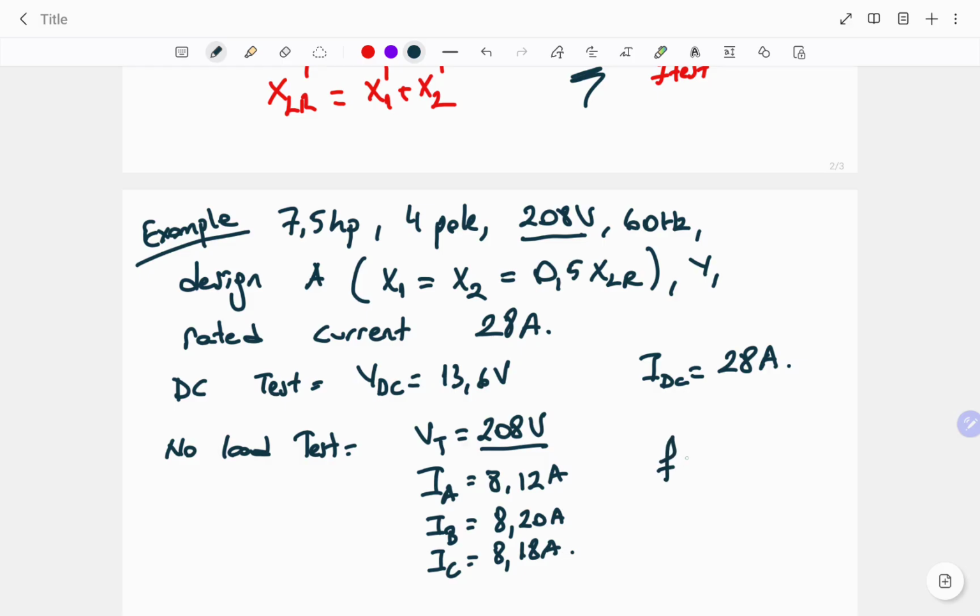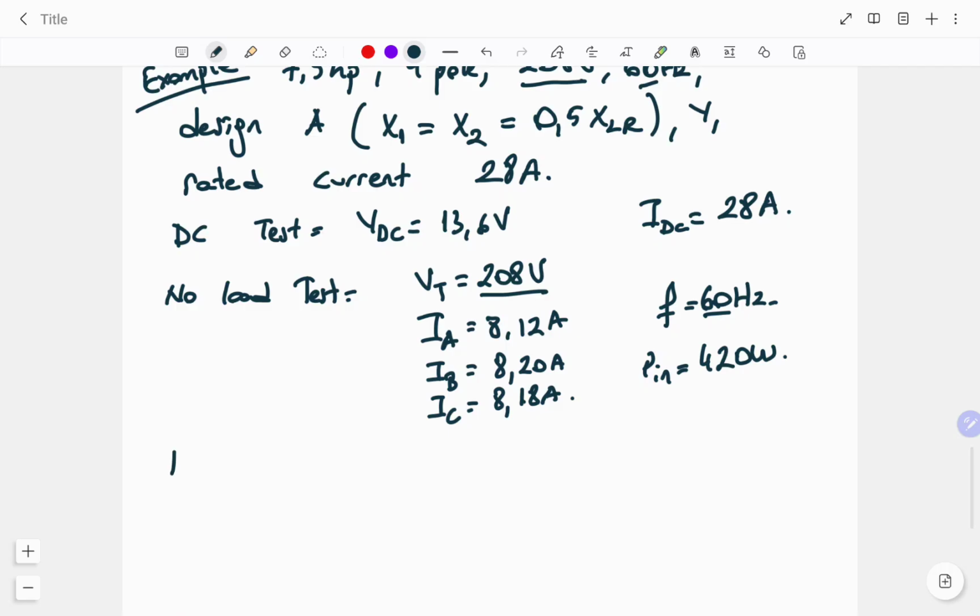The applied voltage frequency is 60 Hertz, which is also the rated value during the no-load test. And the input power for 3-phase is measured as 420 watts.